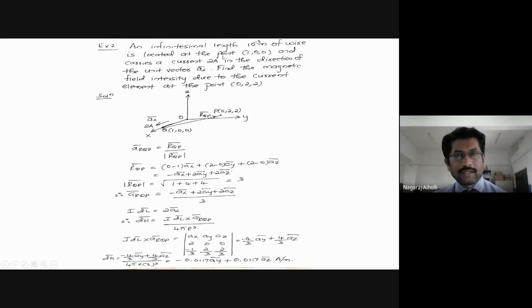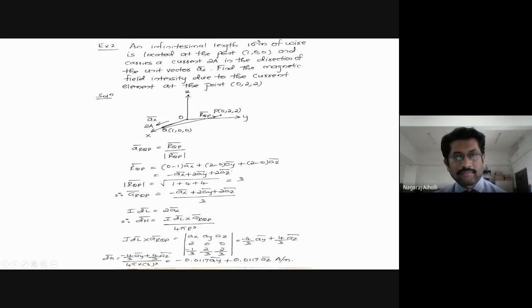An infinitesimal length 10 raised to minus 3 meter of a wire is located at the point 1, 0, 0. That is the incremental length, or a small length. And this incremental length carries a current of 2 ampere in the direction of the unit vector ax bar, that is from the origin towards x.